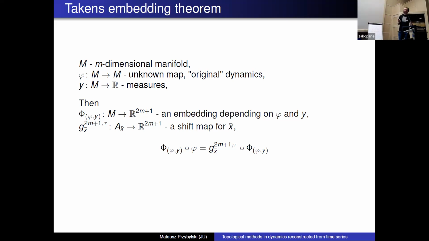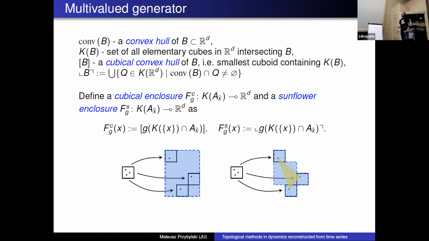And the Takens theorem claims that there exists, in fact, a topological conjugacy, of course, on its image. And we have this conjugacy equation here. Conjugacy between the unknown map and this shift map. Okay, so that was the first step.